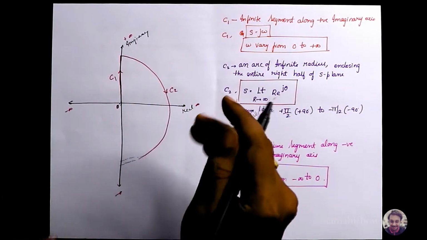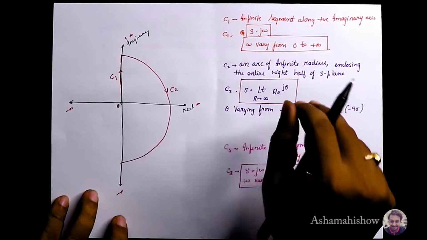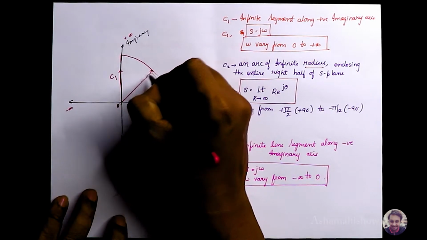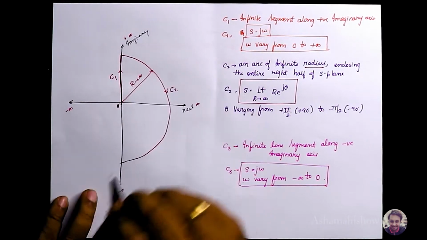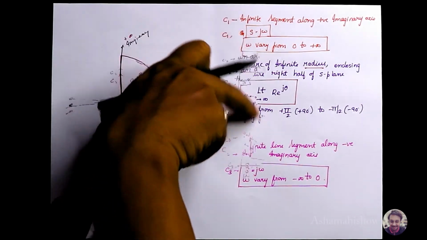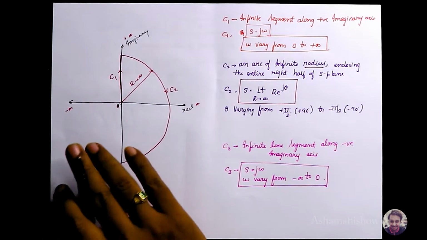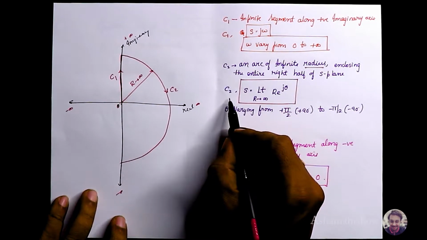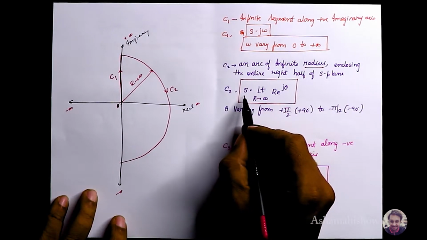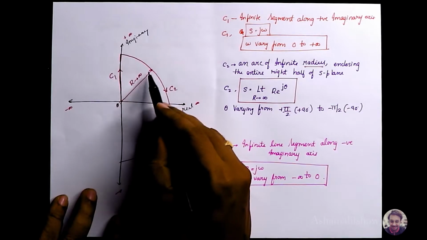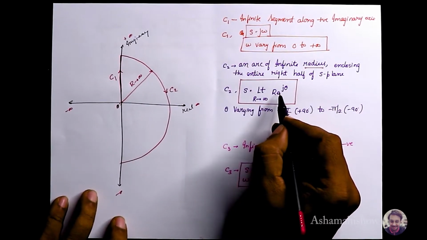Here one term has come, the radius. Your radius will definitely be infinity, because if I extend my real part here, the arc will become much bigger. So R tends to infinity, and to find C2 there is an equation: s equal to limit R tends to infinity of R e^(j theta).